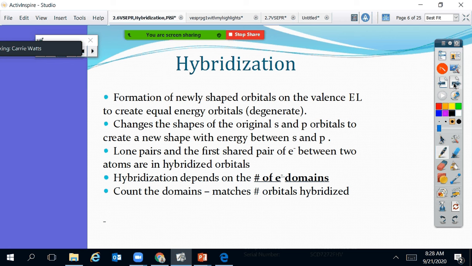Okay, so hybridization, what is that? Okay, it's a formation of newly shaped orbitals on the valence electron. So what happens is it takes these unhybridized orbitals and basically takes them to a medium energy level, puts them all at the same energy level so that they can bond with other orbitals.